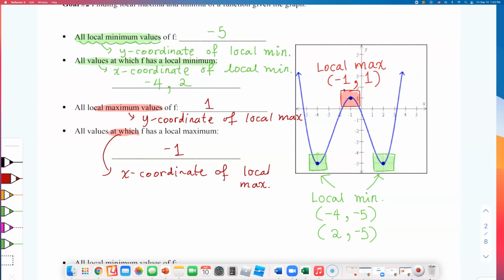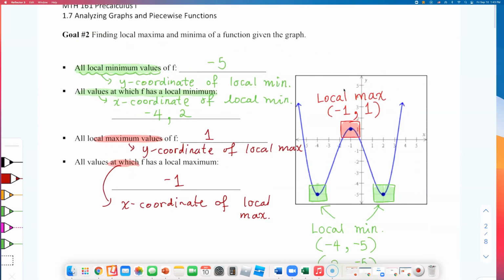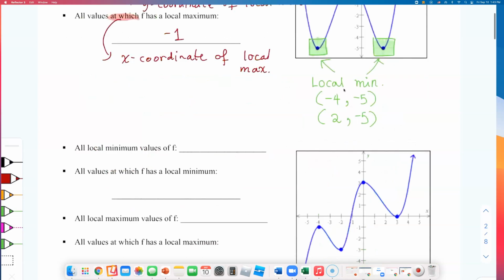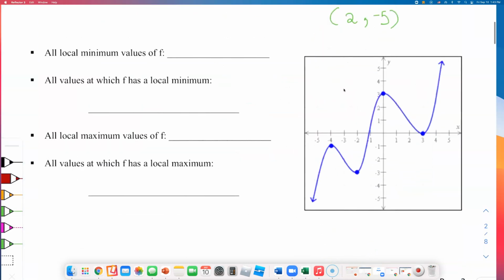Let's practice another set. It's very similar to this, okay? So down here I have another picture. I'm going to go ahead and find all the maximum and minimum first. So I see there is a local maximum here, and I have another one down there.